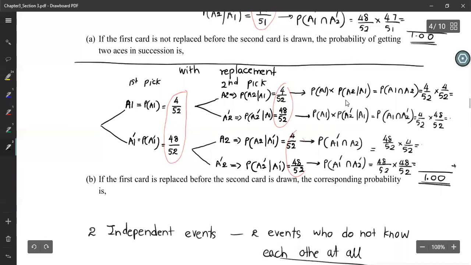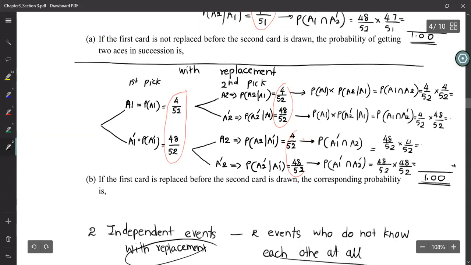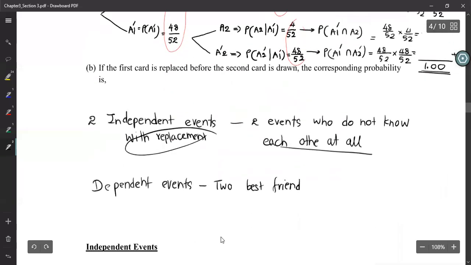With replacement is independent, yes. With replacement is independent. So I think you have understood the concept. If you do with replacement, they are independent events. Why? Whatever happened in the first pick does not affect the second pick. So it's like they don't know each other.